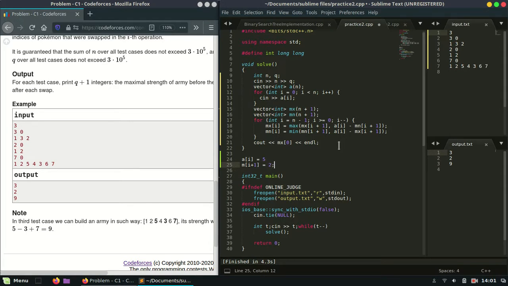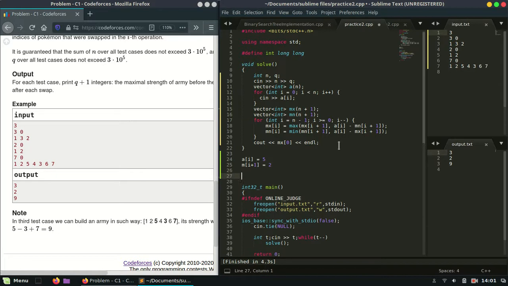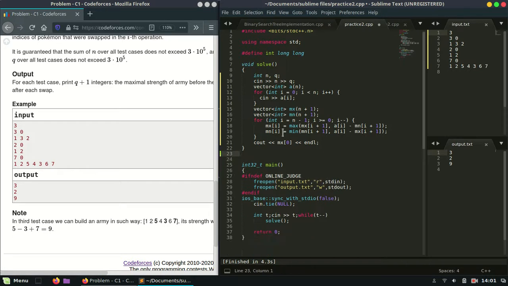Should we add 2 or 5 minus 2? Hope you all know that we will add 5 minus 2 only. So this is the logic, and we will do the same for min also.